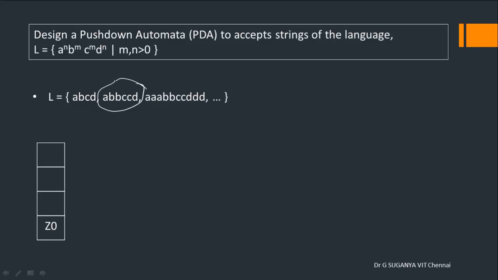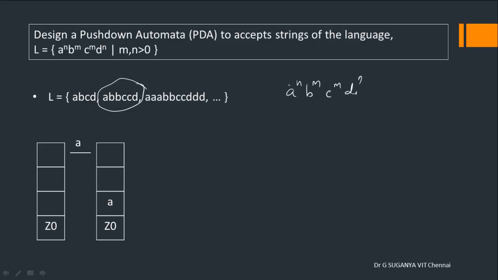Initially, the stack will have Z0. Then when A comes on your input, push it onto the stack because this is the language, right? And A has to be equated to D, and B's have to be equated to C's. Hence till this point you have to push, and after that you have to pop.